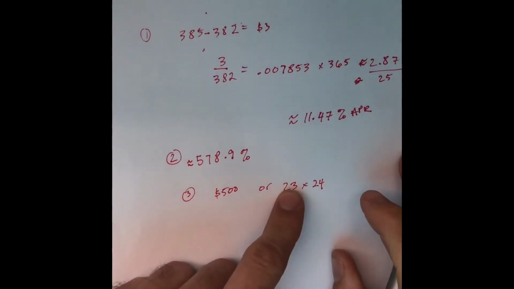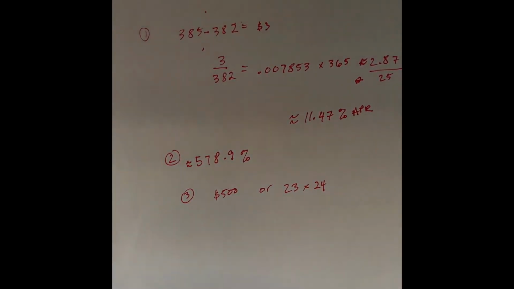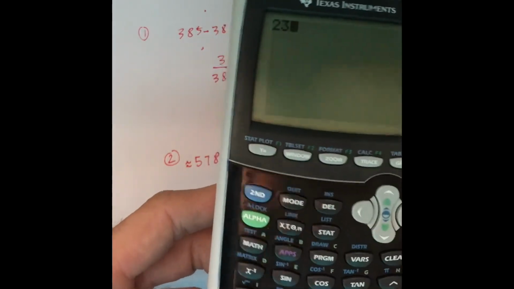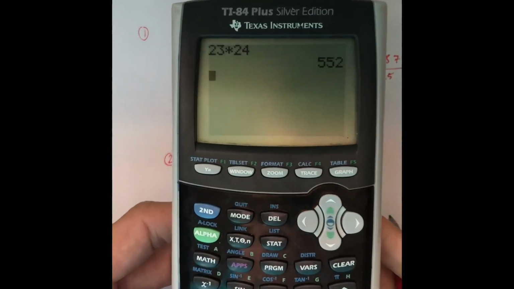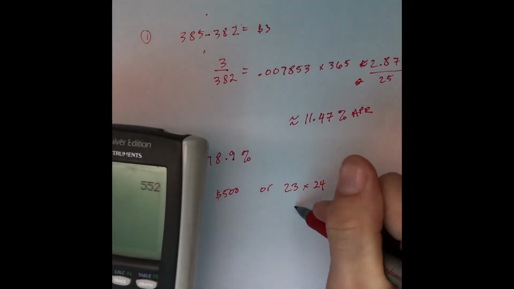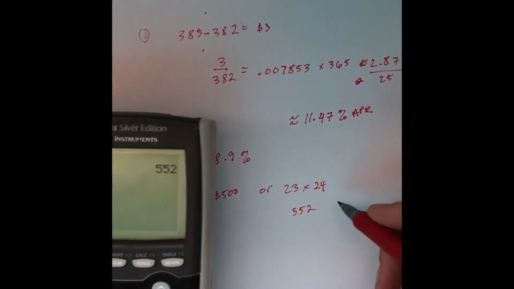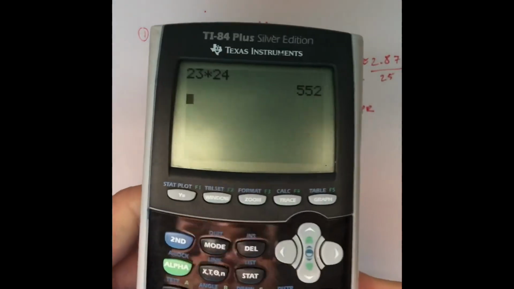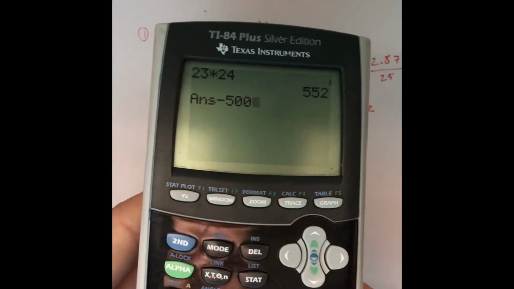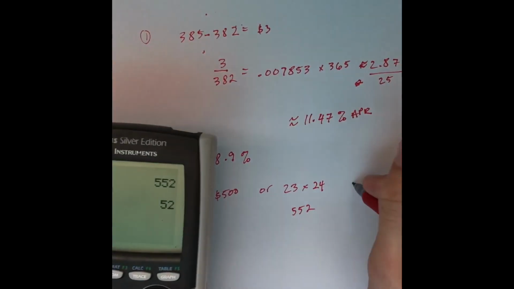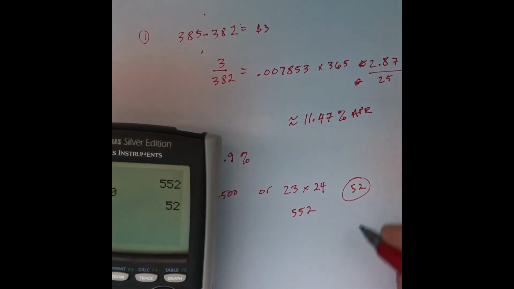So payments of $23 for 24 months. 23 times 24 is 552. And so the difference between 552 and 500 is $52.